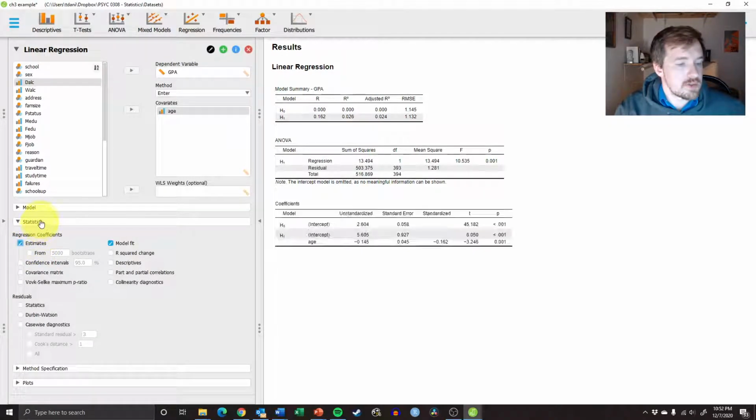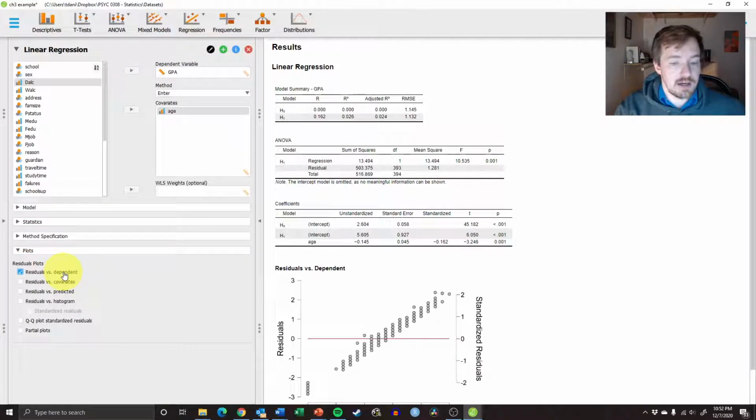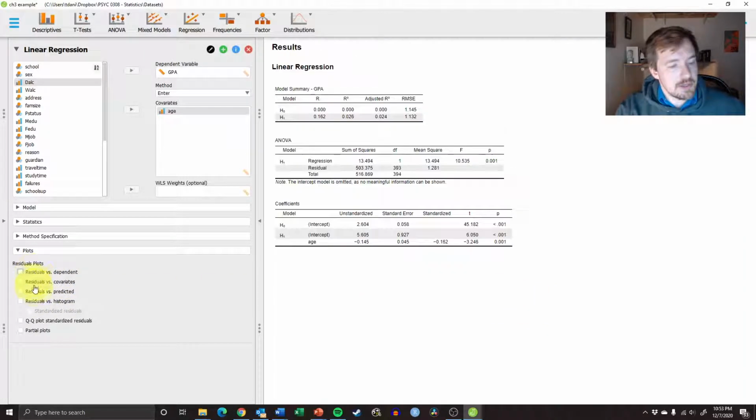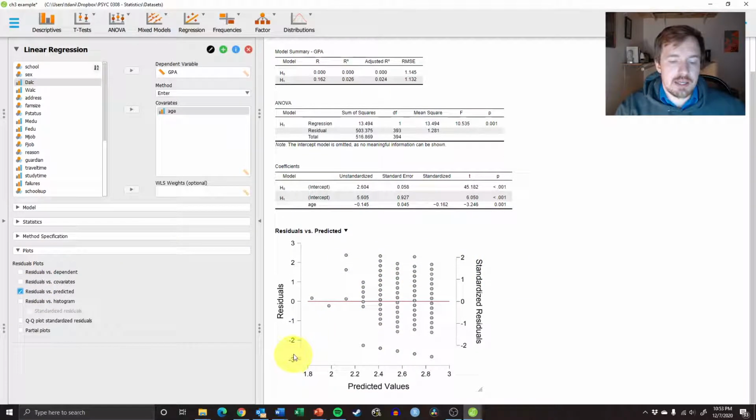Let's see, what else do I want to look at? If you want to plot things out, which can be really nice, and I actually really love this right here. This is the residuals versus the dependent. And basically what that means is that, well, actually, hold on. Let me show you the residuals versus the predicted first. So this is looking at the residuals versus what we predict.